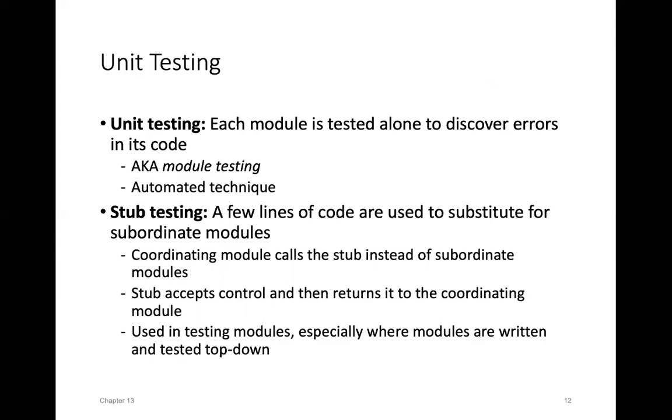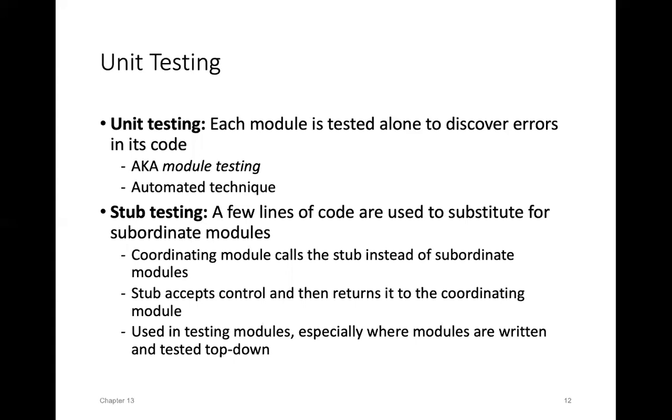We're not only testing modules alone, we can also use this to test with other modules as well. When we're doing that, we might use something called stub testing. A stub is like a dummy placeholder we put in place to replicate subordinate modules.